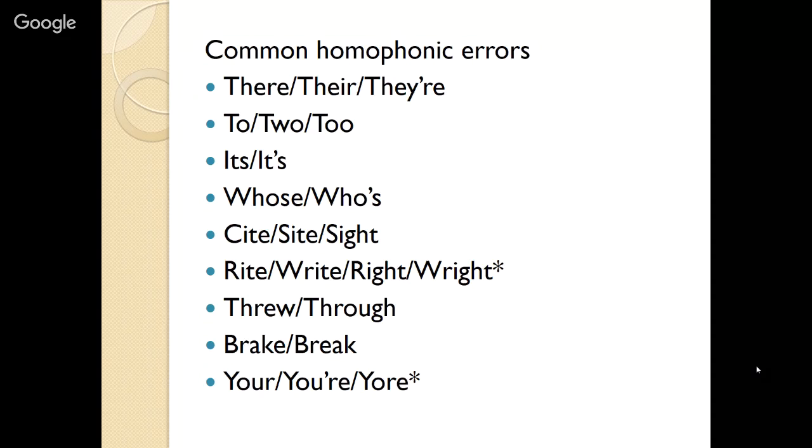Sight, site, and cite. Okay, so why is it that these three words, which are really spelt quite differently, are pronounced the same way? And this is one of the reasons why, like I said, non-native speakers kind of go crazy about this, because English is really weird in its use of homophones.